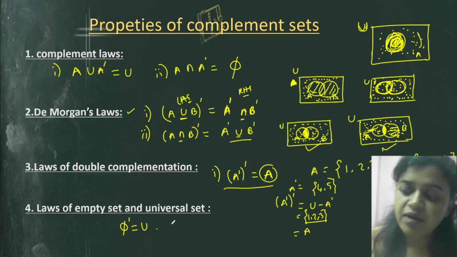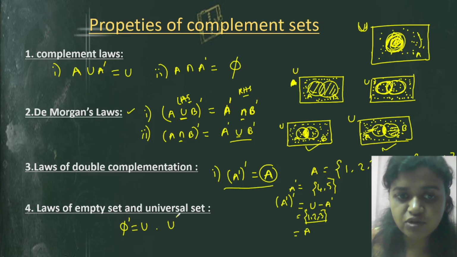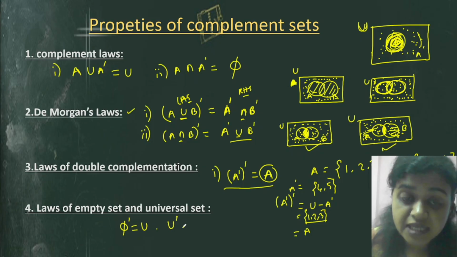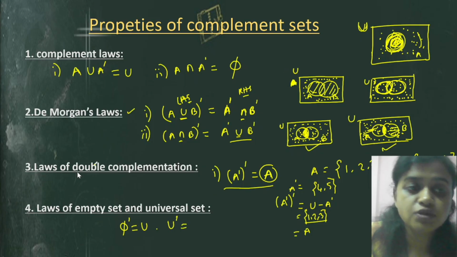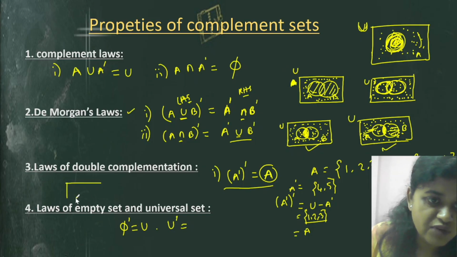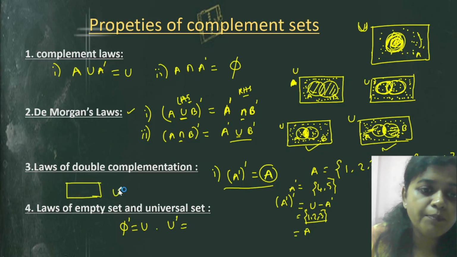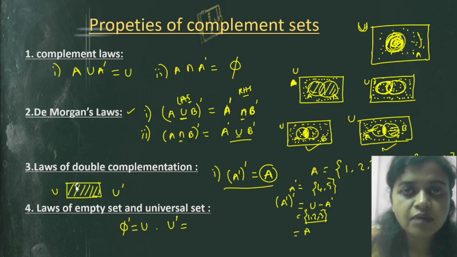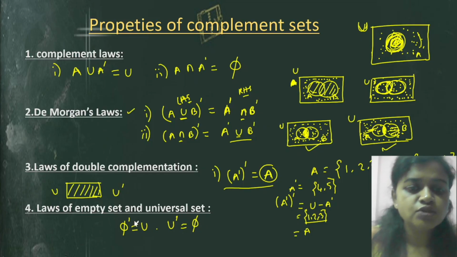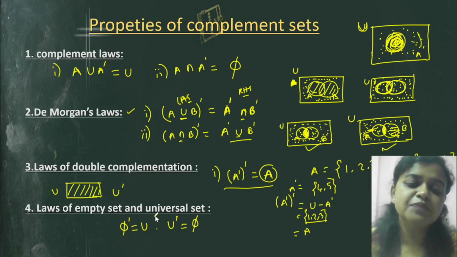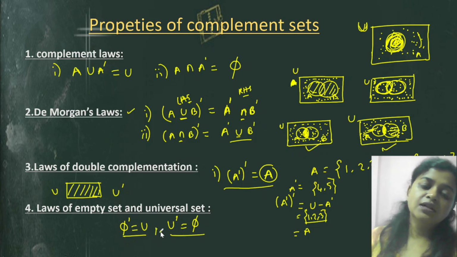And if you find the complement of the universal set, suppose this is the universal set U, you have to remove the whole set, so you will get nothing, the phi set. So this is the law of the empty set and universal set.